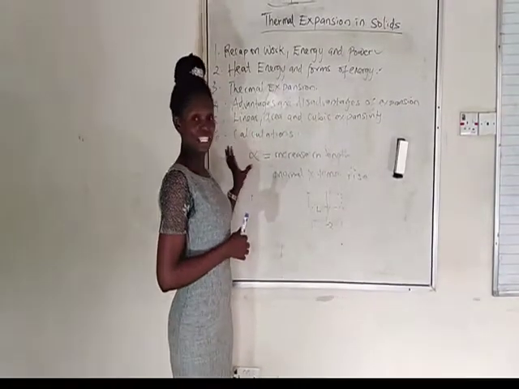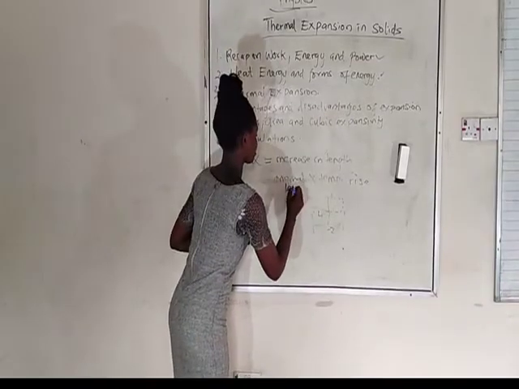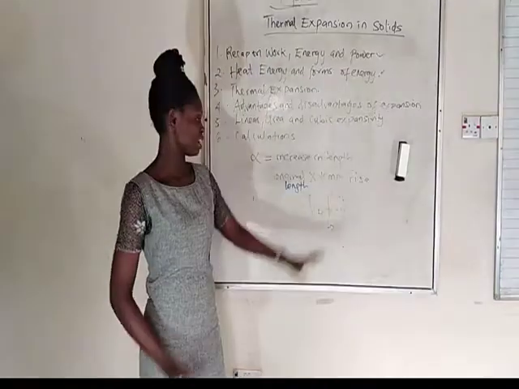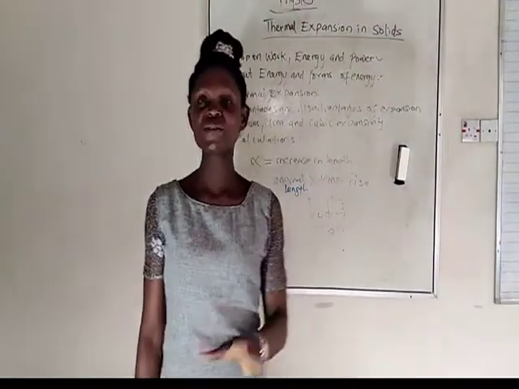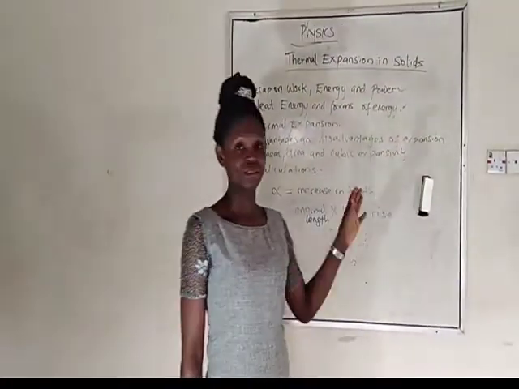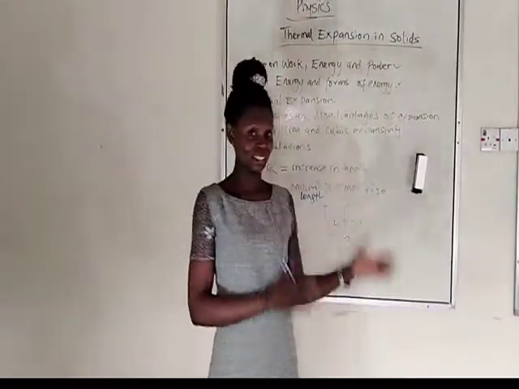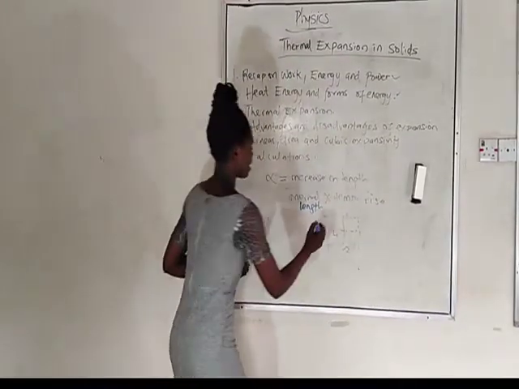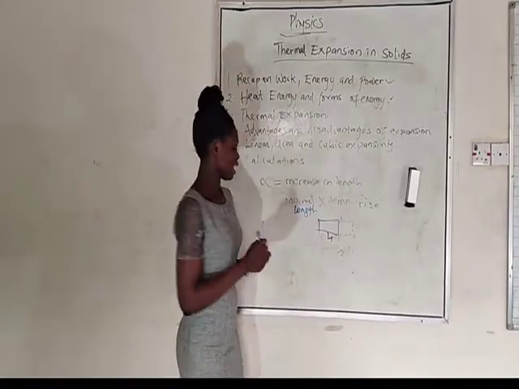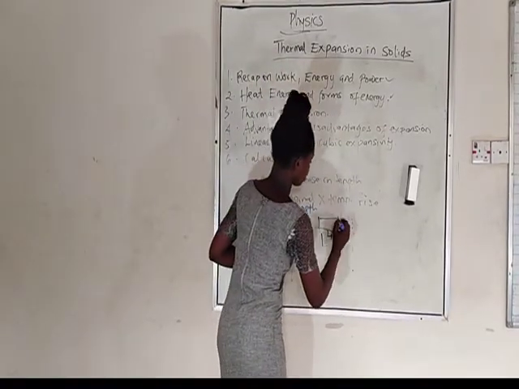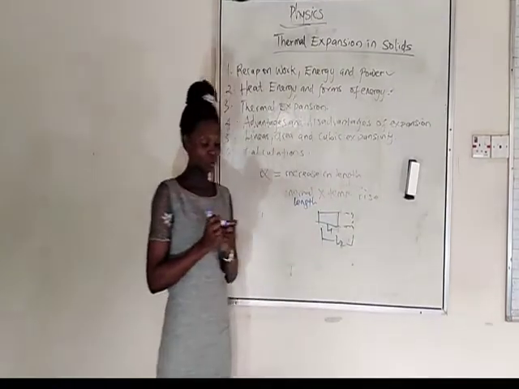We have defined linear expansivity as an increase in length per unit length per degree rise in temperature. I take that again. Your linear expansivity is an increase in length per unit length per degree rise in temperature, what we call a fractional increase in length per rise in temperature. Okay? If we have a body that has the length L1, and after heat is introduced, this body increases to another length, which we call L2, how do we put this?